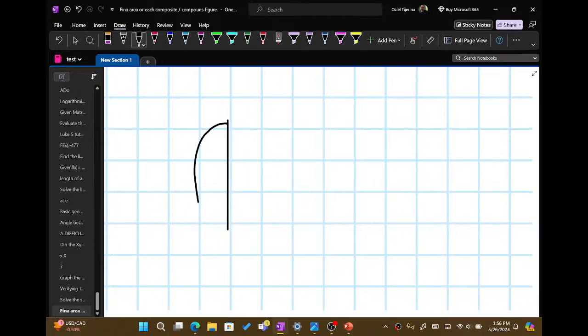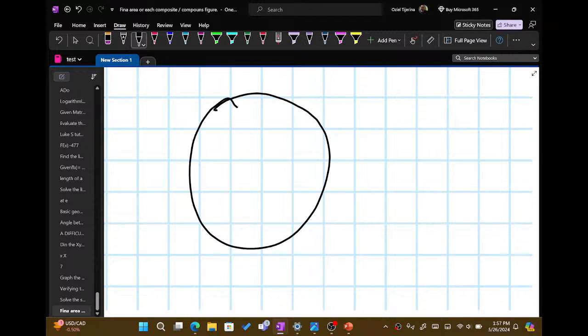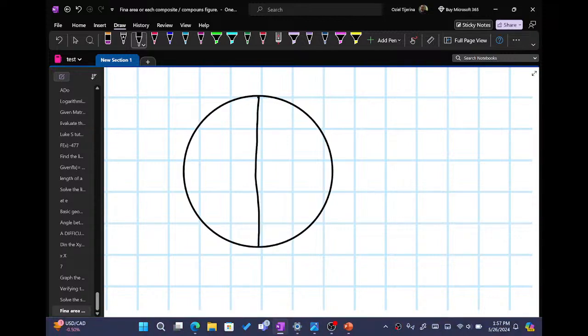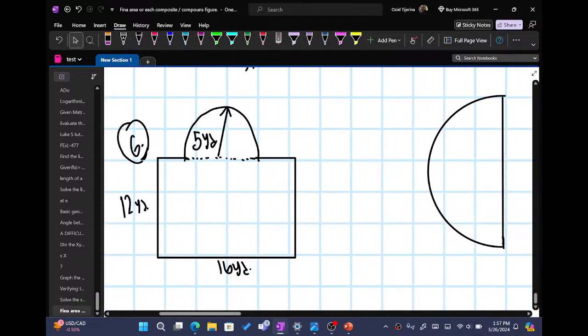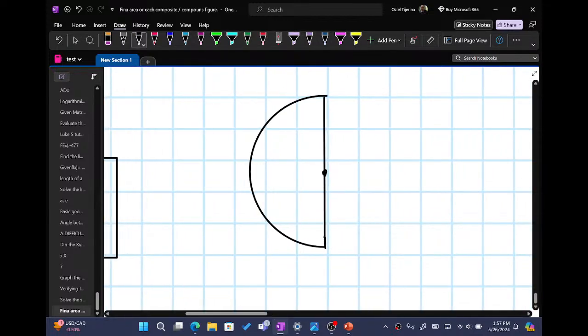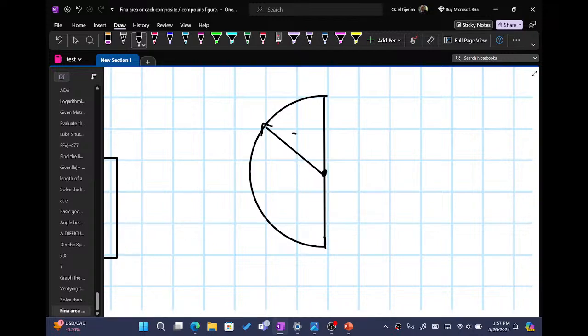Again, it's not going to be drawn to scale. I'm just going to draw a full circle and erase this part. And then they're saying that from the middle, this is 5 yards, meaning, I'm sorry, not the diameter, the radius is 5 yards. So the radius is 5 yards.